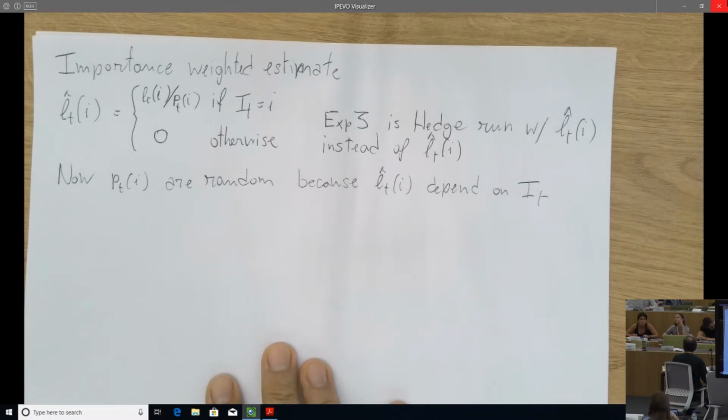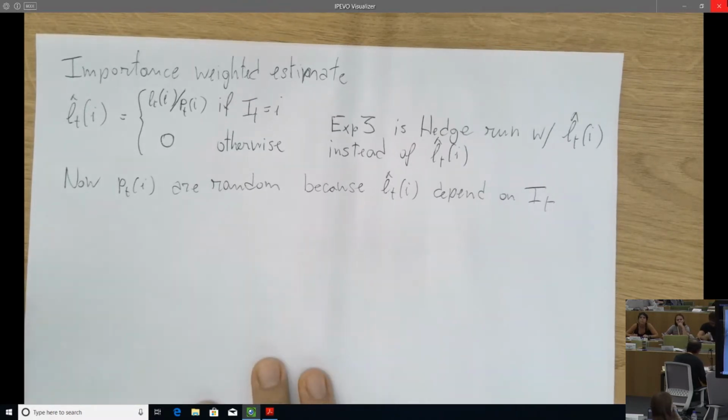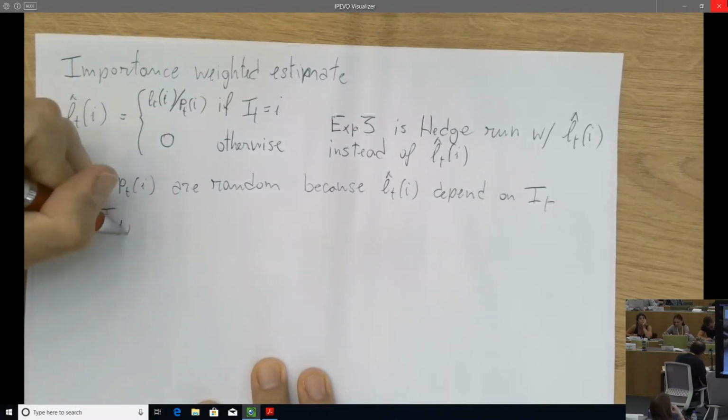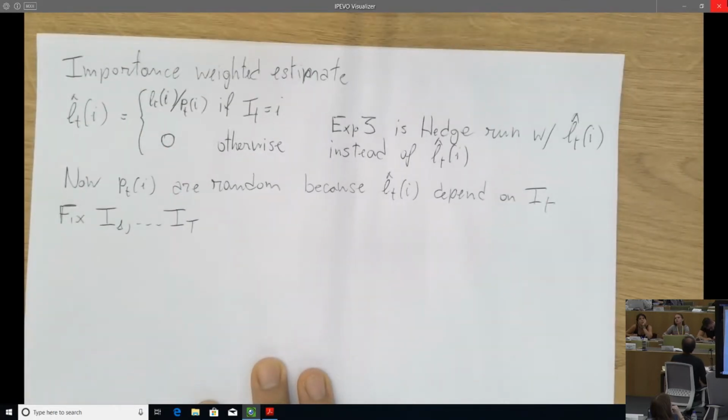Okay, first of all, let me understand how I can use the Hedge analysis. Can I recycle the Hedge analysis here? Yeah, actually, you see, these things are random, but suppose I fix a sequence of realizations for the actions. So now the p_t are deterministic because I determined all the random outcomes.